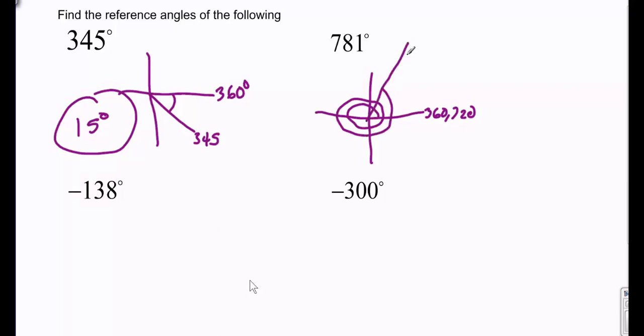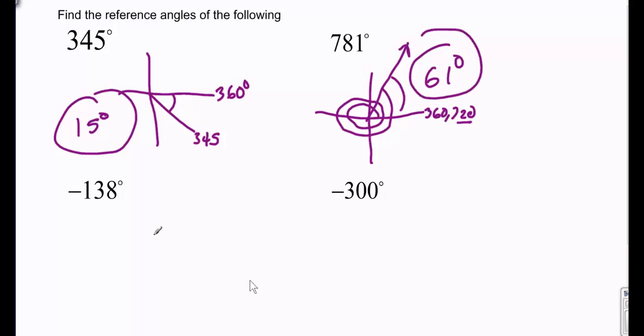So here's 781 degrees. That's the terminal ray. So really what I'm asking is how far away is 81 from 20? This angle then has to be 61 degrees, and that's my reference.